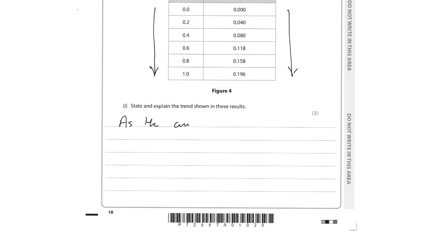So the state: as the current increases, the mass of copper also increases. Now, the reason why: if the current is increasing, then there are more electrons flowing around the circuit. And so there was 1 mark for identifying electrons.